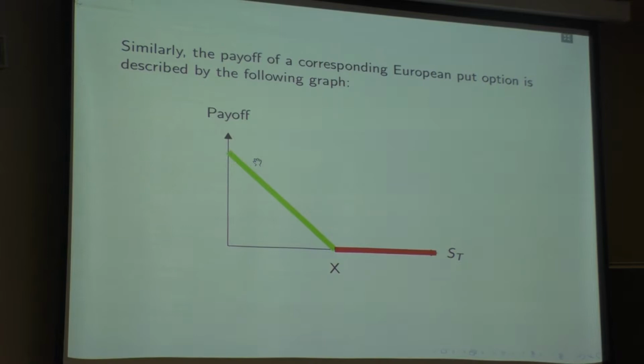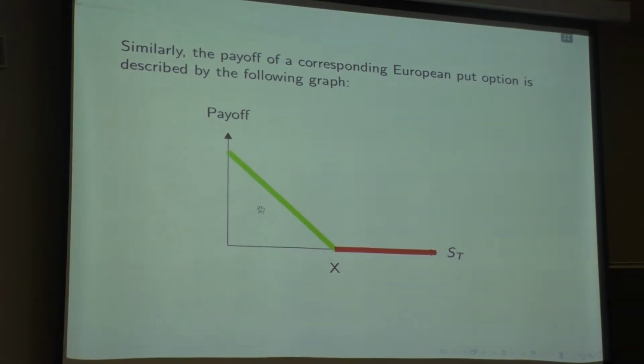And similarly, if I draw a similar payoff function, a graph of a payoff function for a European put option, now we have the right to sell for x. Now, if everyone else is buying and selling at expiration for less than x, we have the right to sell for x, so we can buy this stuff for less than x and sell it for x.